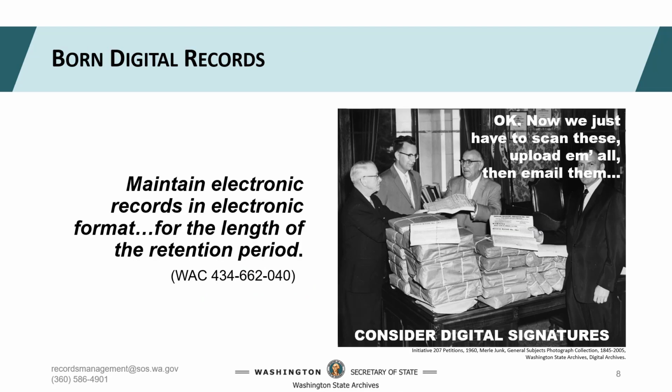As I mentioned earlier in the presentation, a record's digital or physical format is not going to determine whether it's a public record, but it can determine how to retain the records. The Washington Administrative Code, or WAC, establishes that electronic records must be retained in electronic format. What this means is that printing and retaining a copy of a born digital record will not be an acceptable substitute.